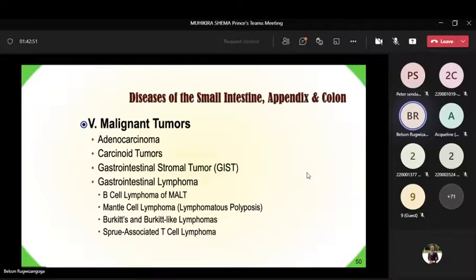So this is just a brief list of the diseases which can affect this organ. Otherwise, there are many others. The diseases affecting the anus, we'll discuss after this part.